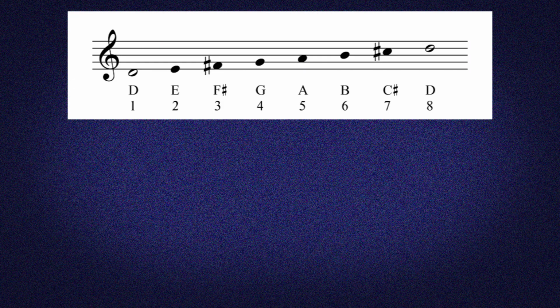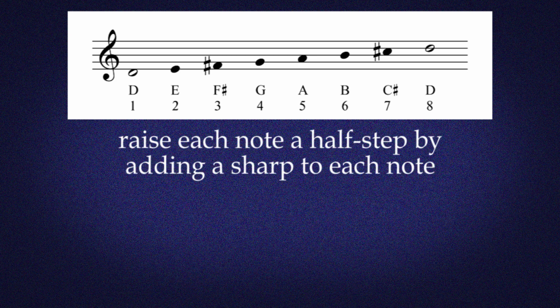The notes of the D major scale are D, E, F sharp, G, A, B, C sharp, and D. As long as I add a sharp to every note, I'll be adjusting every note by the same amount, so the intervals will all stay the same. It will still be a major scale.